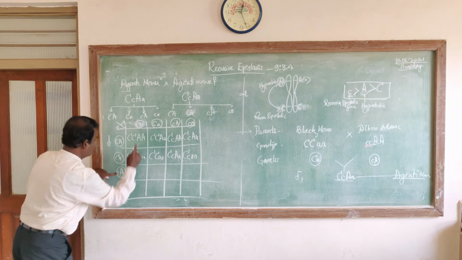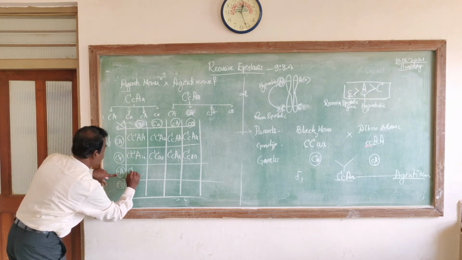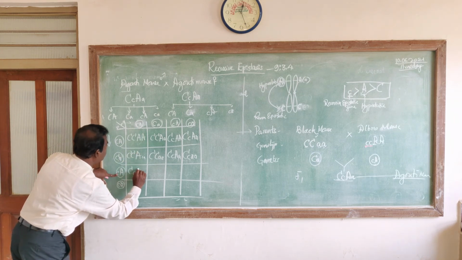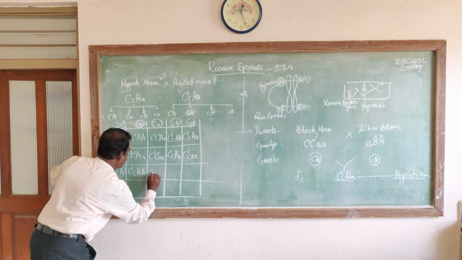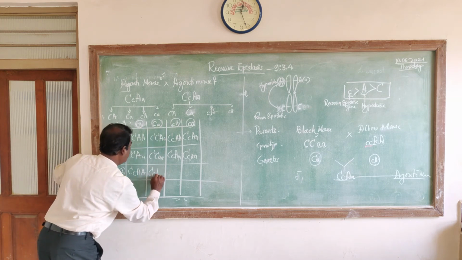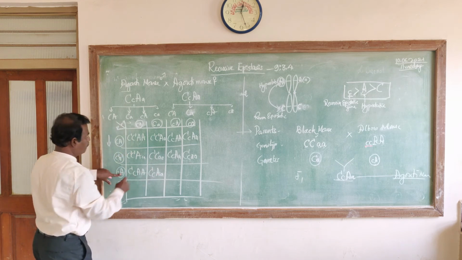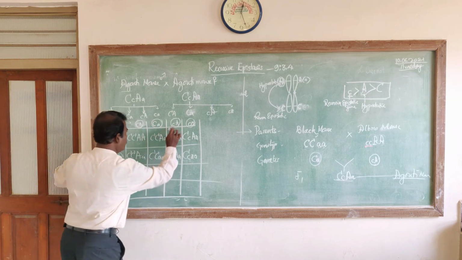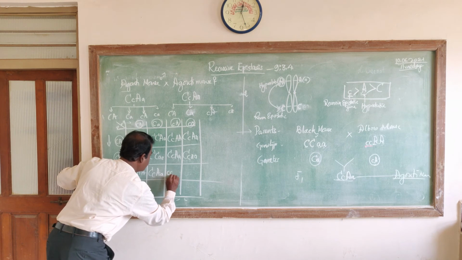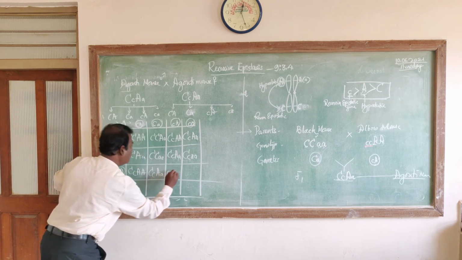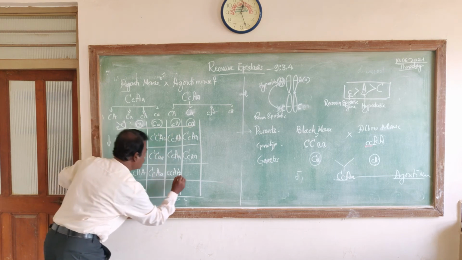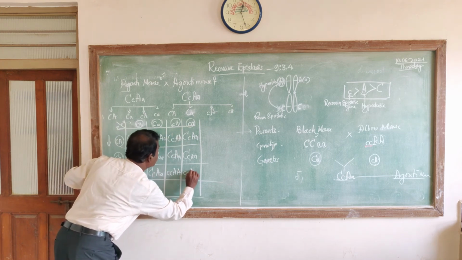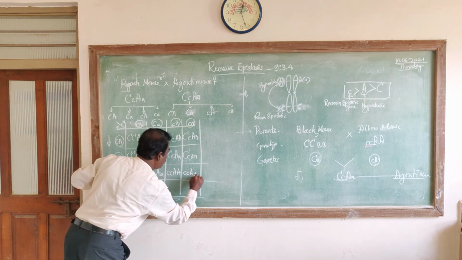Then this with this: capital C, small c, capital A, capital A. This and this: capital C, small c, capital A, small a. Then this: small c, capital A, capital A. This with this: small c, capital A, small a.